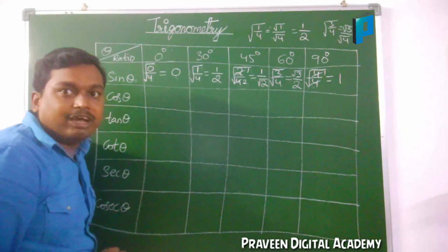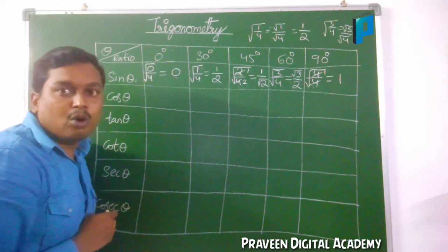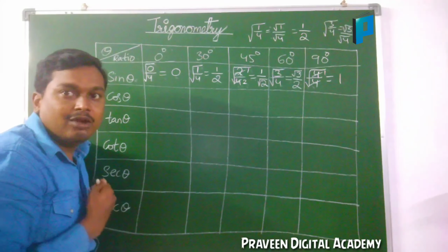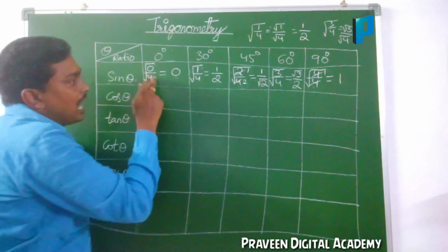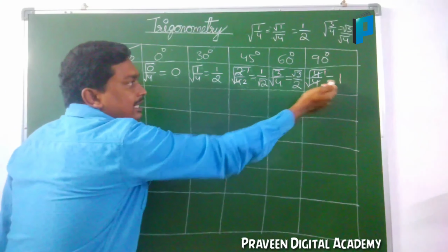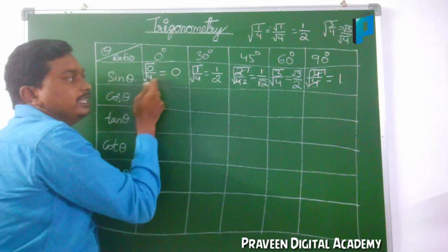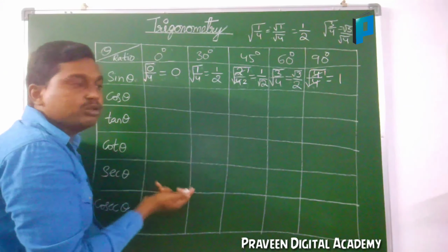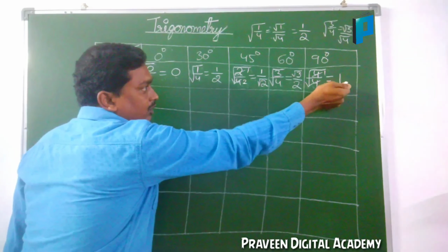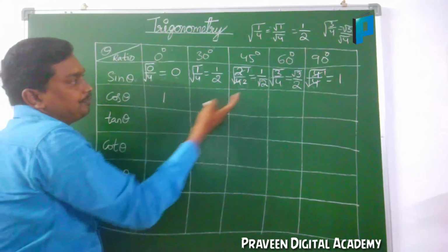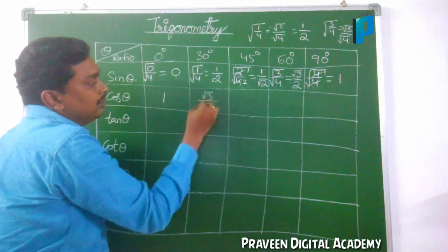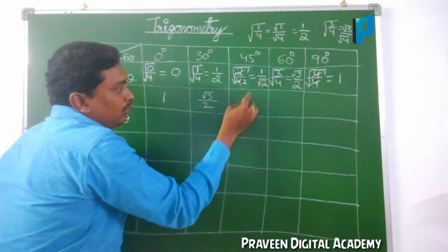If you get the sine values, we can find all the other values like cos, tan, cot, sec, cosec very easily. After getting the sine values, we write them in reverse order so that we get the cos values. Here we got 1, so I will write that here. This root 3 by 2 I will write here. This 1 by root 2 here.